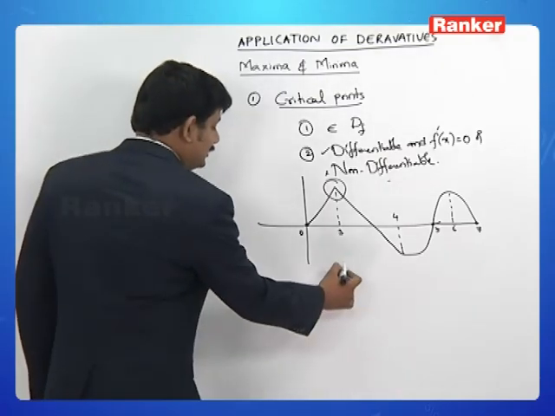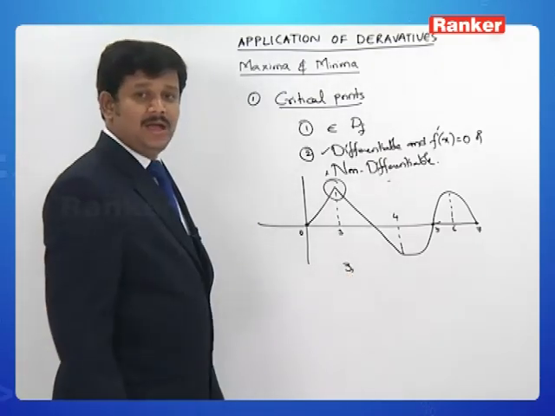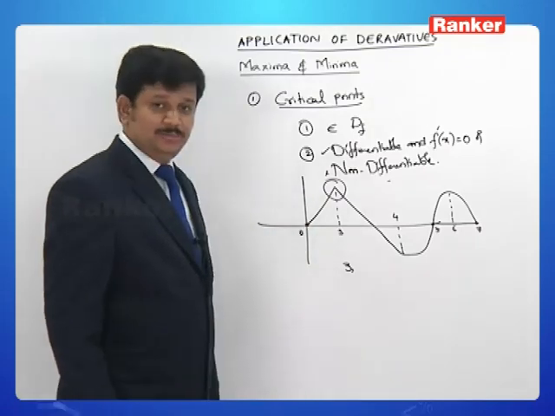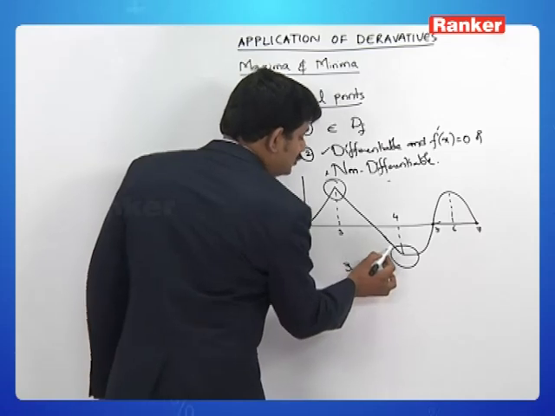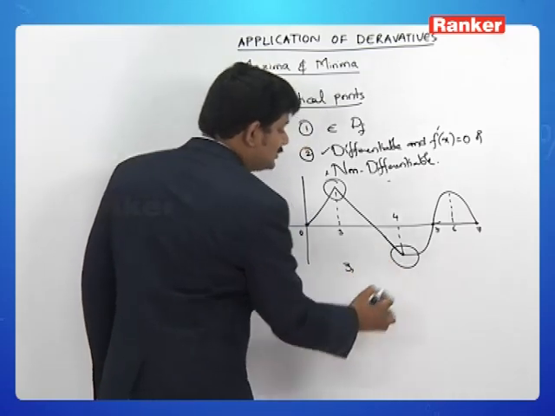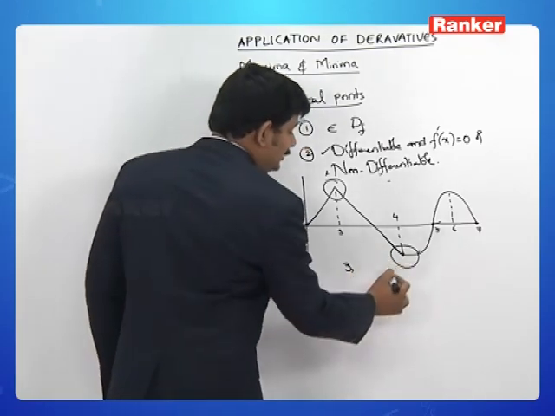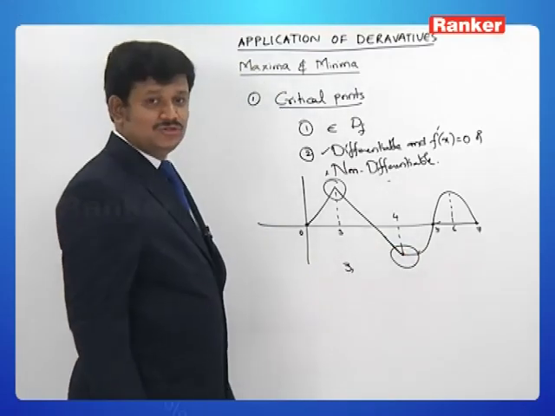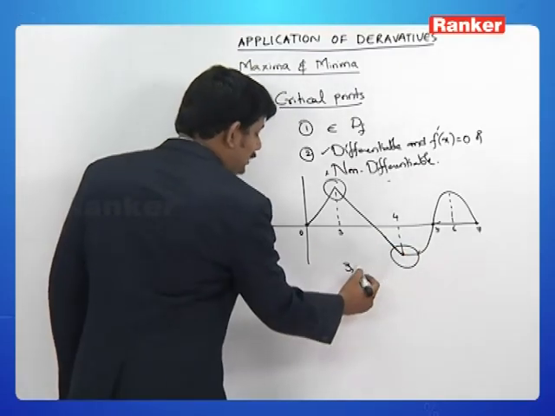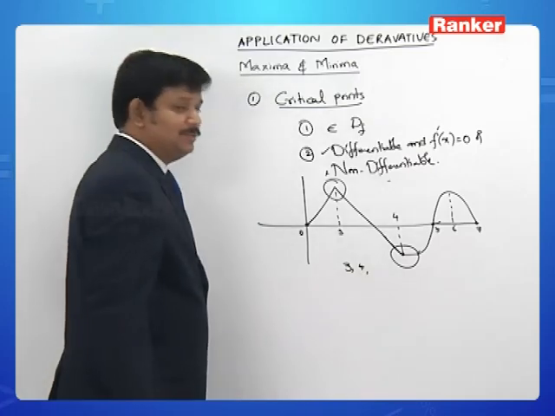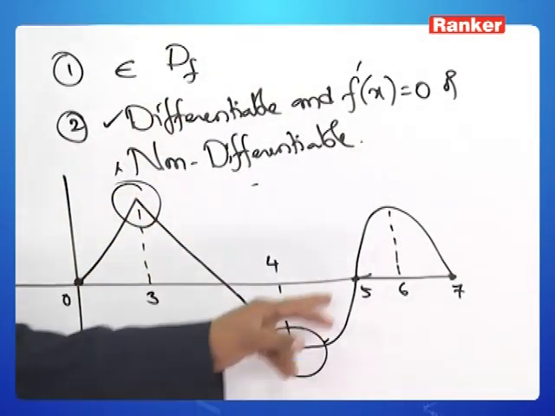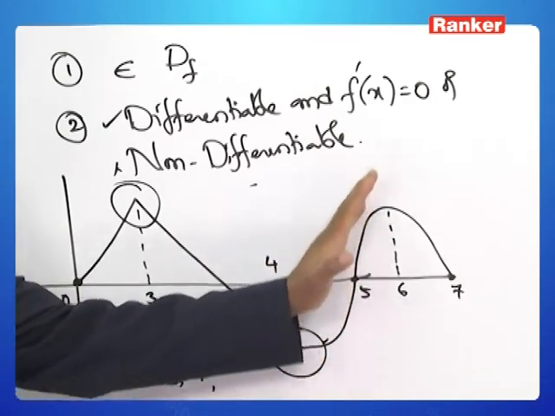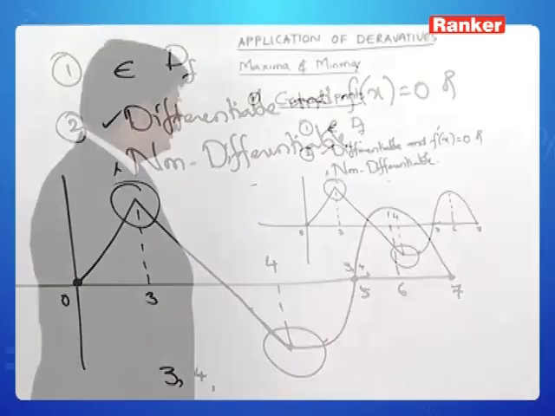So, 3 is a critical point: 3 belongs to the domain, and at this point the function is not differentiable. 4 is also a sharp point; the tangent slope from the left-hand side is some negative number, and from the right-hand side it is almost close to 0. So, 4 is also a critical point. There is no other point of non-differentiability. Everywhere else we have points of differentiability.